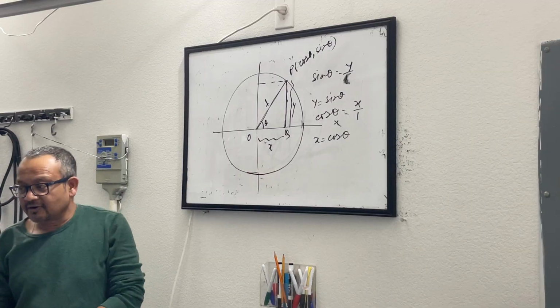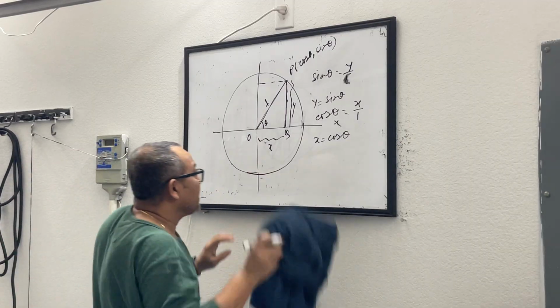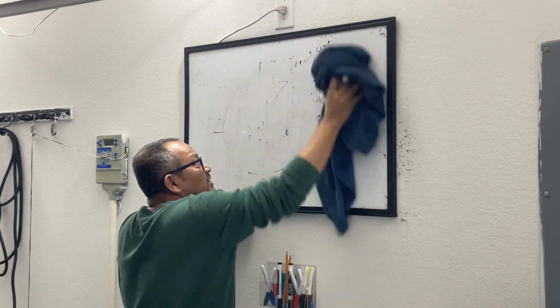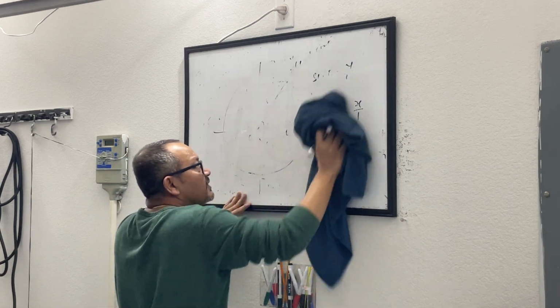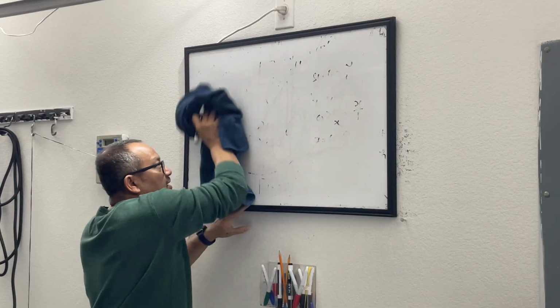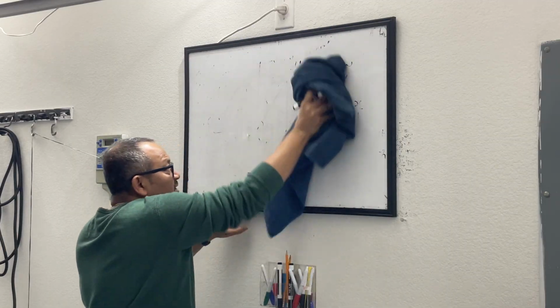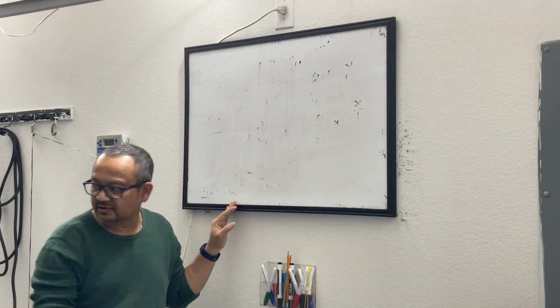Now, let's try to figure out: if you have to find the value of sine 120 degrees, that was not possible with trig ratios using a right angle triangle. But with the unit circle, I am saying that is possible.